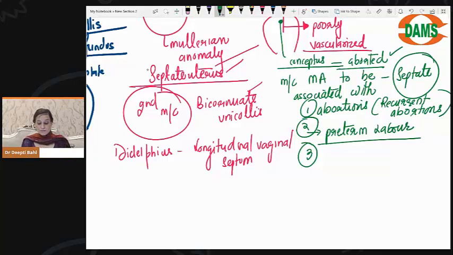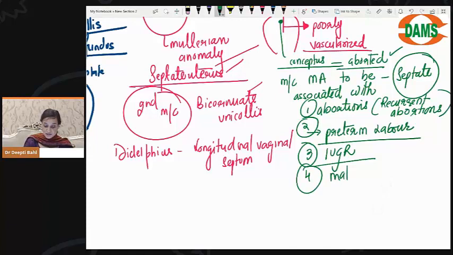So preterm labor, it can also cause IUGR. Again, for the same reason, intrauterine growth restriction, because of less space available to the baby. So it can cause abortions, preterm labor, IUGR, as well as malpresentations, because the space is less.